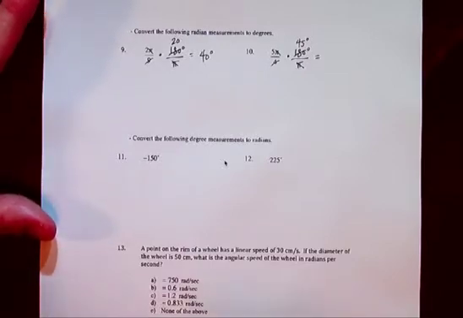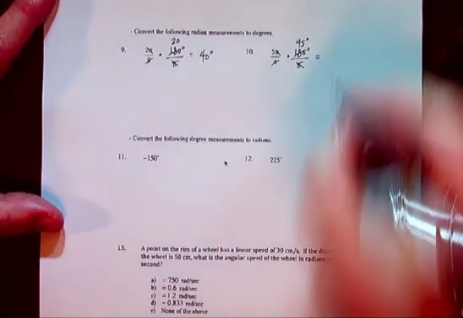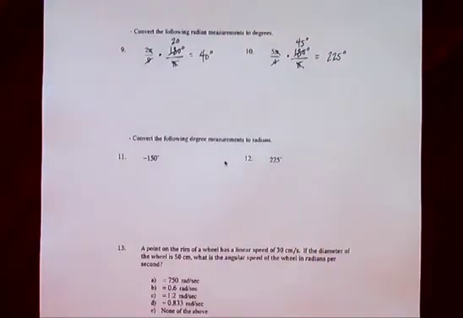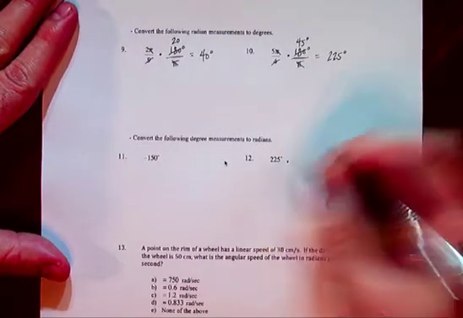Just sort of visualize it going across. 45, 90, 135, 180, and then dipping down into the third quadrant into 225. Or you can just do the arithmetic. 5 times 40 is 200. 5 times 5 is 25. Add them together.